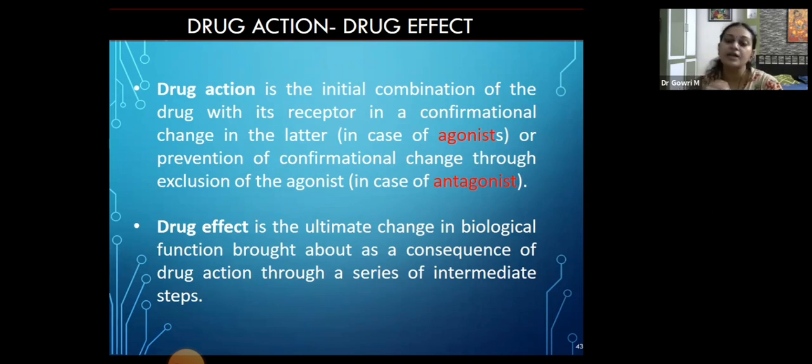The drug action can be either agonist or antagonist. If a drug comes, locks, and initiates an action, it is an agonist. For example, if you have a fever and the drug locks and gives an antipyretic effect, then it is an agonist.